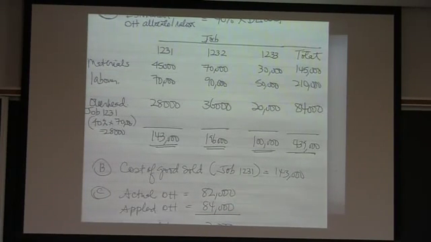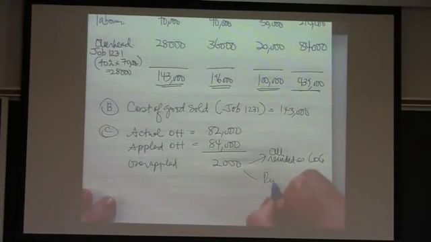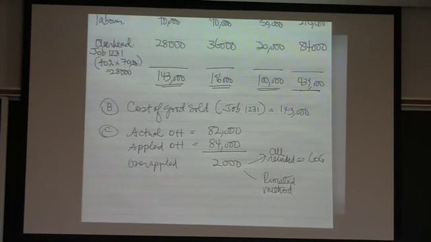Now, the over applied can be recorded in two different methodologies. So it can be all recorded as cost of goods sold at 100%, or they call it a prorated method. And that's in your lecture notes. And that's what we're going to do.